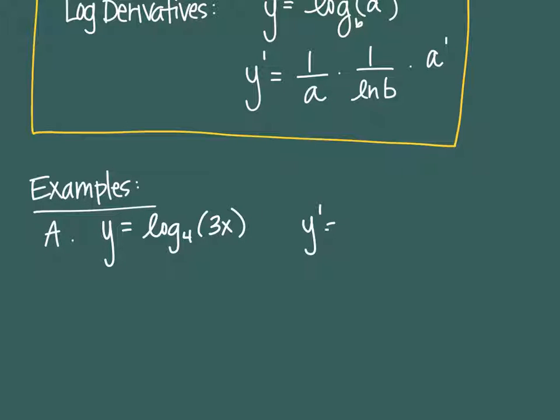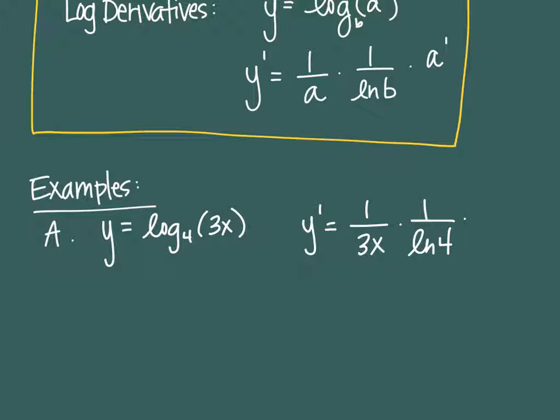So y prime would be 1 over, okay, what would be the base of the first fraction? Or the denominator there. 1 over what? 3x. Times 1 over the natural log of what number? 4.